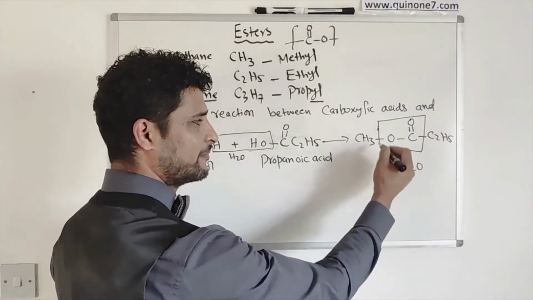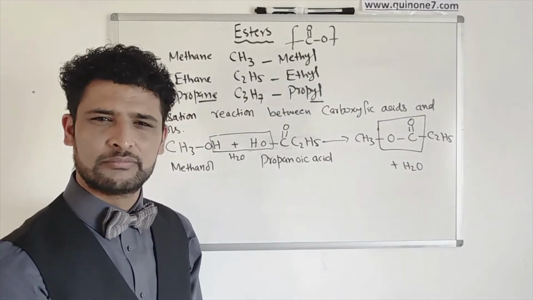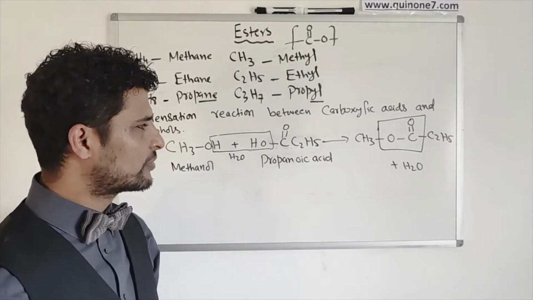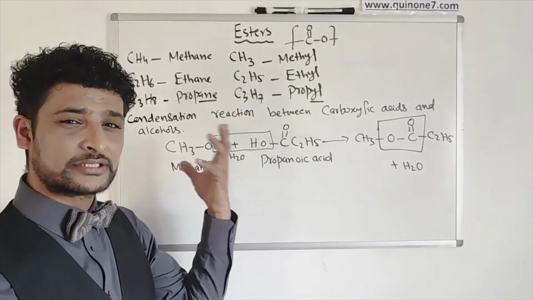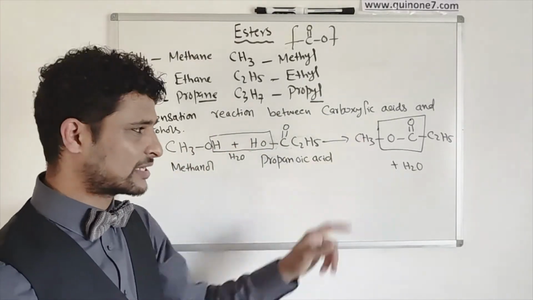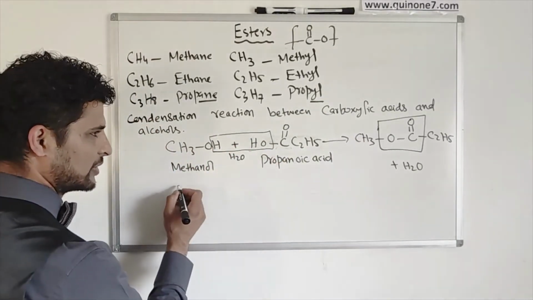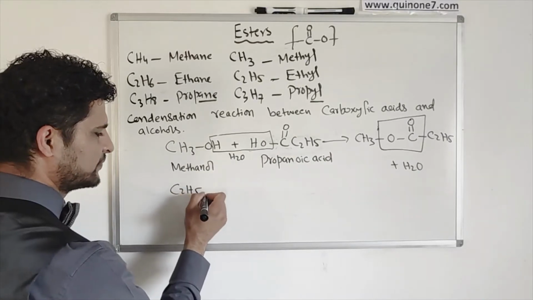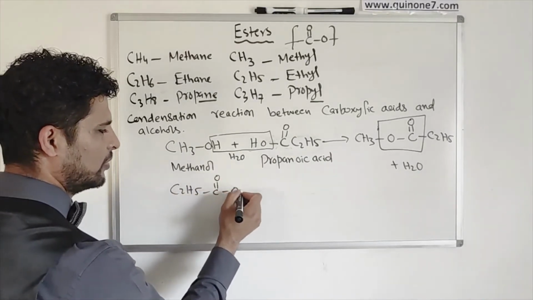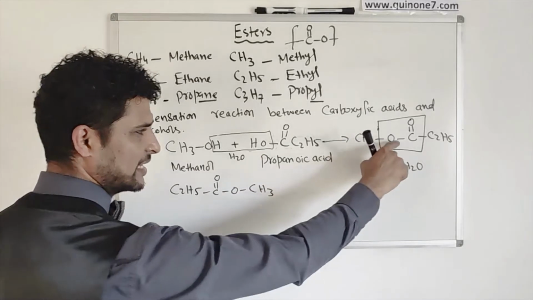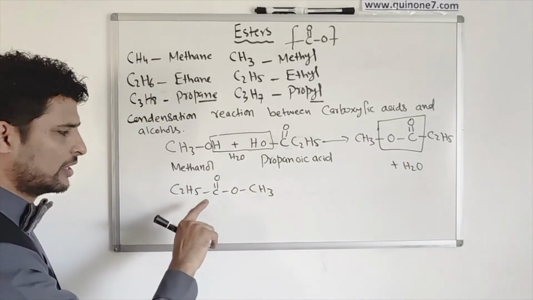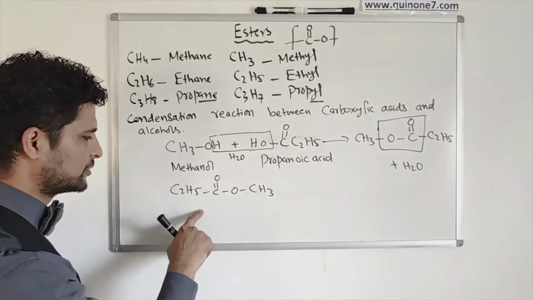Now once you have produced this, you need to name them. An easy way to remember this, because I started with the alcohol and it's going to confuse you, I can tell you exactly how to do that. I'm going to change this molecule again. So C2H5 C double bond O, O, CH3. It's the same molecule, but written in a different display.